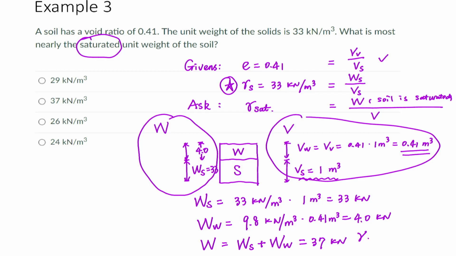Your gamma SAT is 37 kilonewton over 1.41 cubic meter, and the final answer is about 26. It's actually about 26.2, and the nearest number would be 26. So the correct answer is C. That's pretty much it for example number 3.